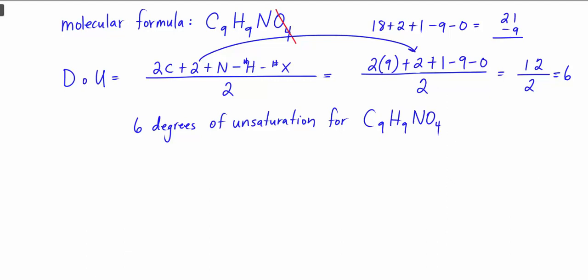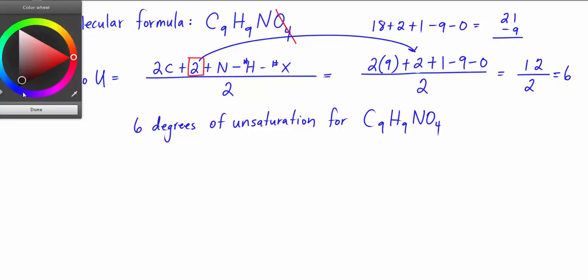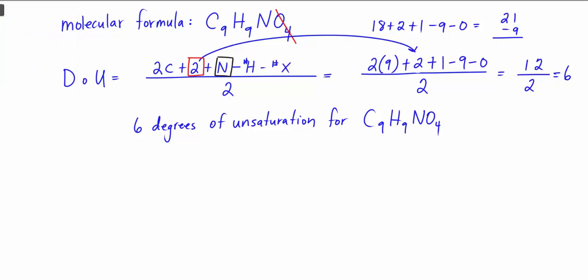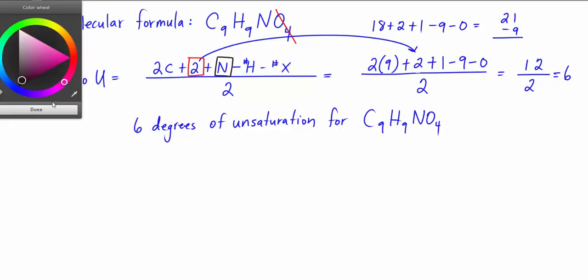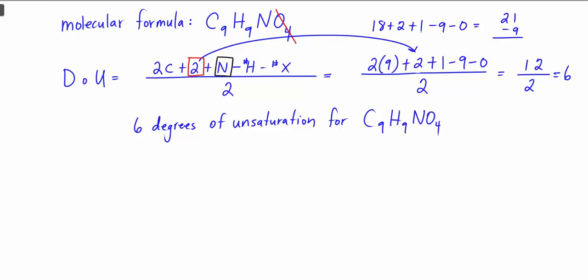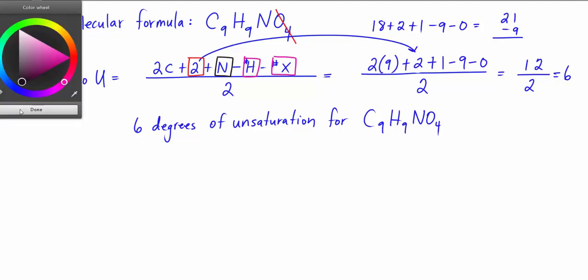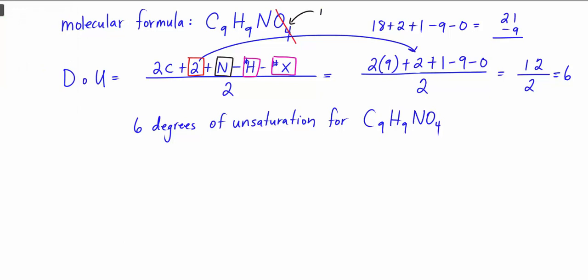Okay, so we need to keep in mind that we have 2 times the carbons plus 2 plus the number of nitrogen, and we subtract off the number of hydrogen and subtract off the number of halogen, and we simply ignore all oxygen.